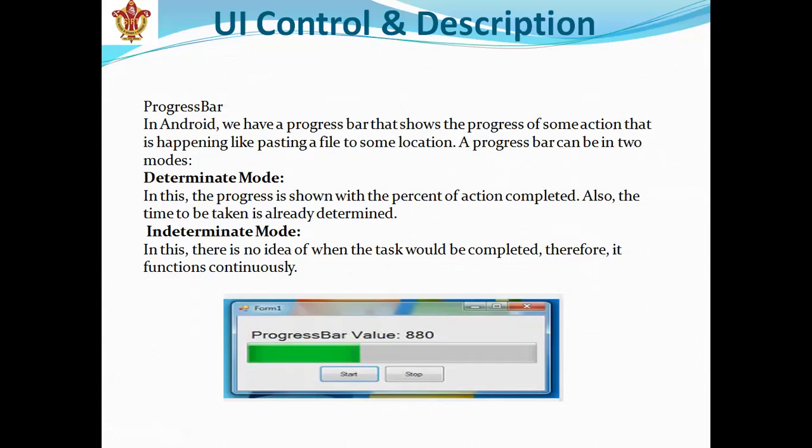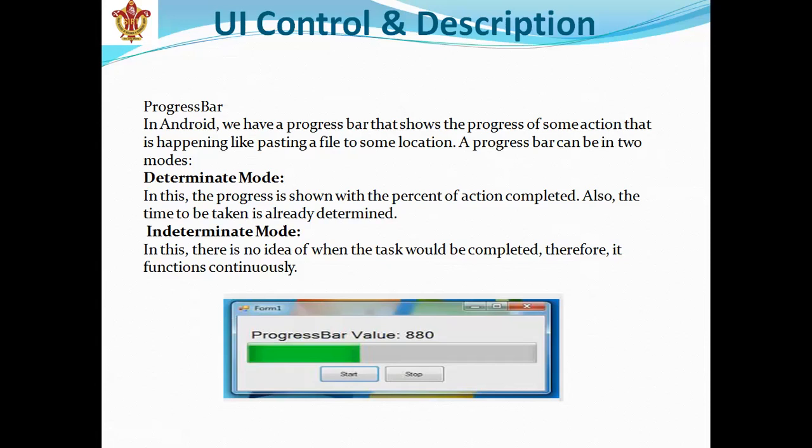You can't see that in the indeterminate mode, but in the determinate mode, you can see the percentage of action, like 10% completed, 50% completed, and the last 100% completed when the progress is fulfilled.